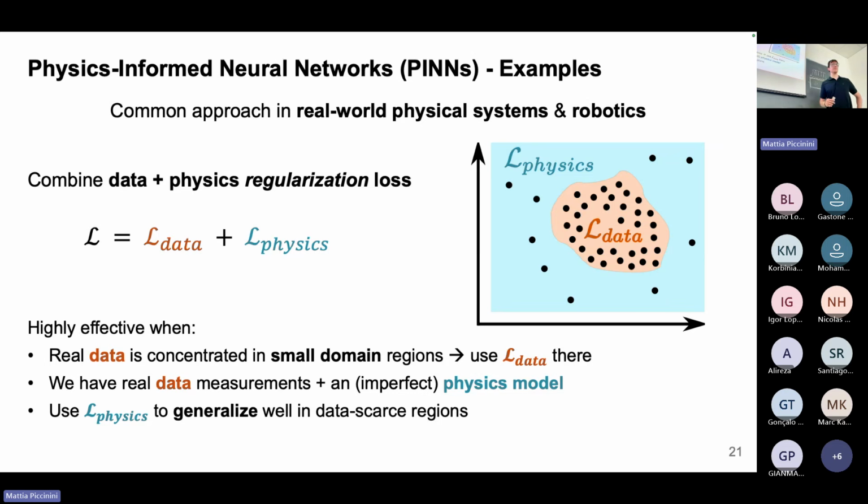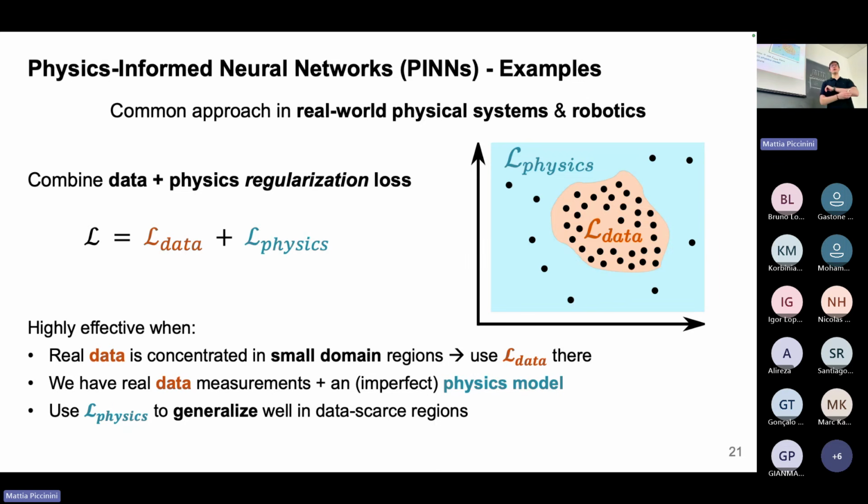So this field started with PDEs, so the motivation was to speed up the solution of partial differential equations, and that's fine. But then the field evolved. People started working with real physical systems, because the seminal paper was only solving equations, no physical systems involved. There was no real world data. But then people started saying, okay, wait, we also have data. Why should I only use the physics loss?